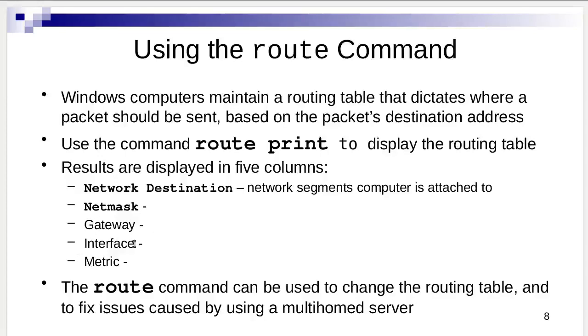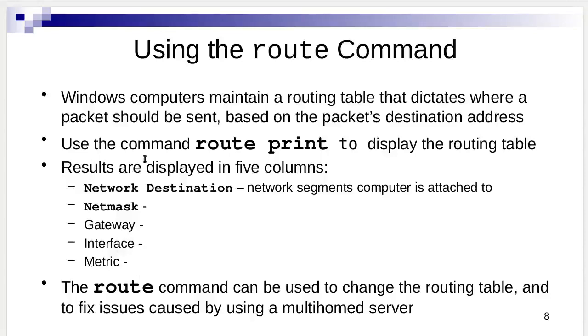You'll also have an interface, which tells you which interface the packet is coming in on, and sometimes you do have multiple interfaces, in which case there'll be multiple entries corresponding to the interface. And you have a metric, which basically measures how much delay there would be in talking to any external router.